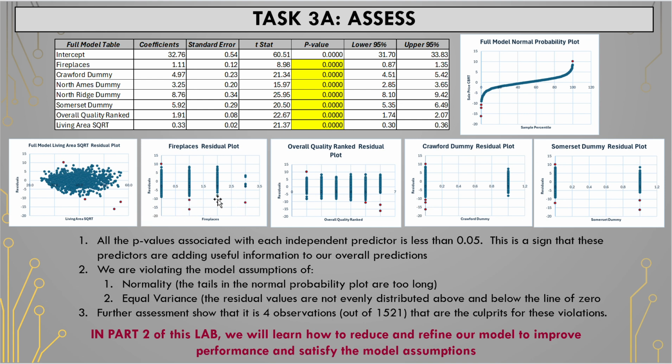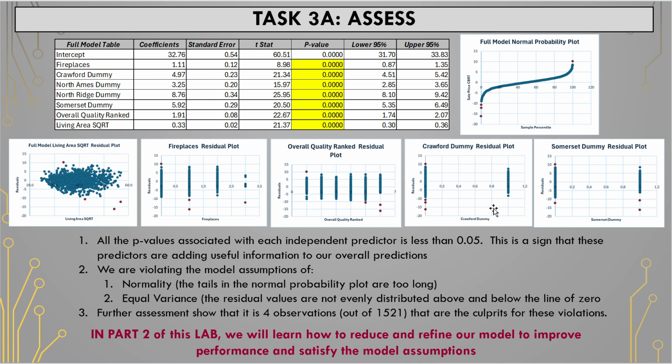Now we also see 4 points in the fireplaces plot in roughly the same place as far as the residual value is concerned. Same thing with overall quality. Same thing with each of our dummy variables. So the good news is it's only 4 houses, only 4 data observations out of 1,521 that are the culprits for these violations.